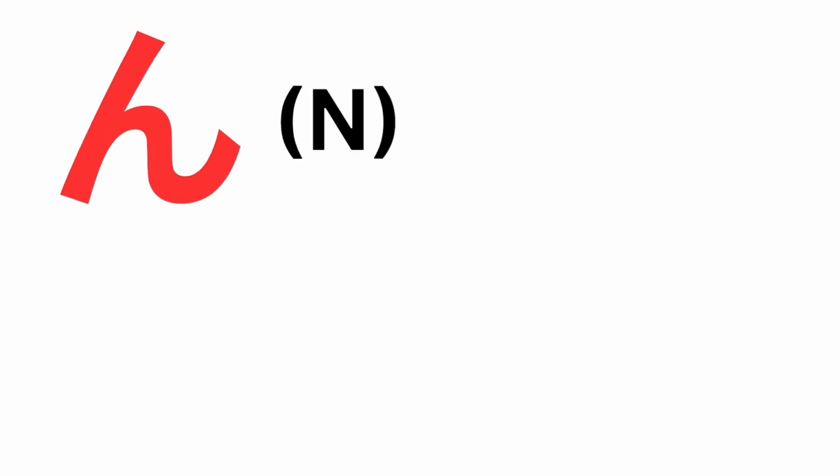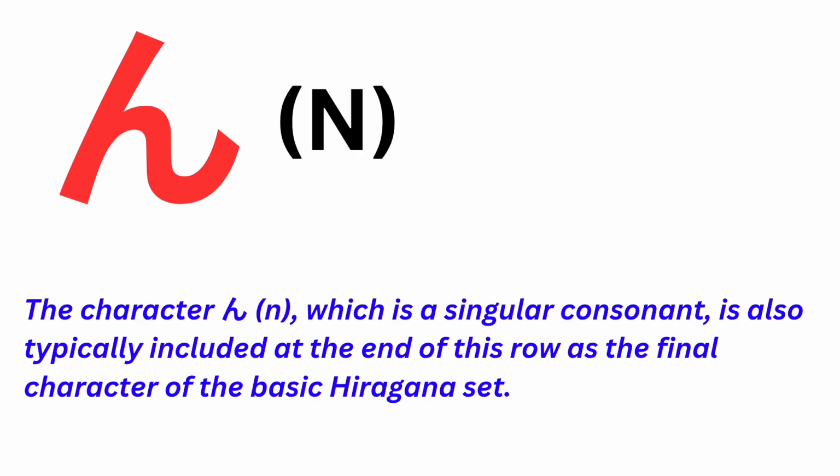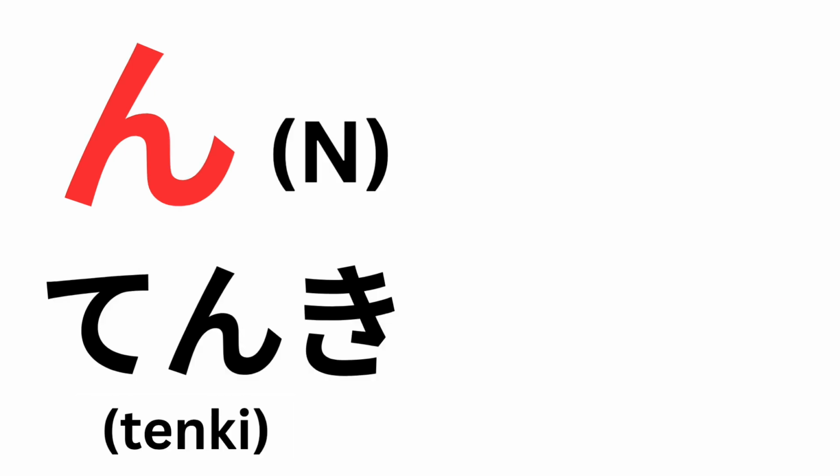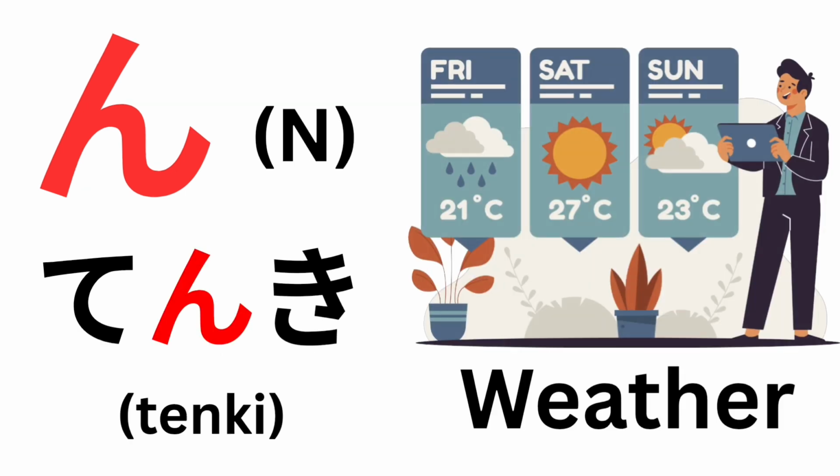The last hiragana is n. It is a single consonant and is also typically included at the end of this row as the final character of the basic hiragana set. Example word: tenki, meaning weather.